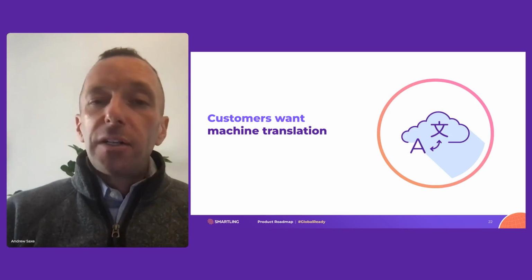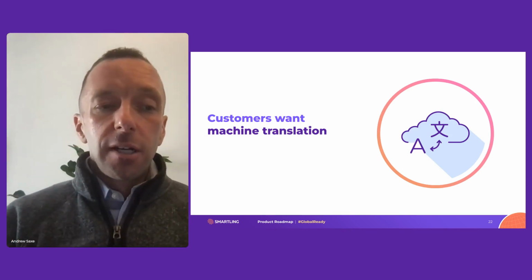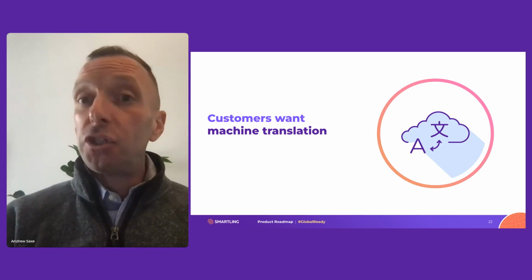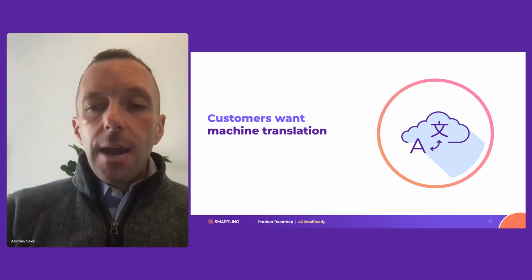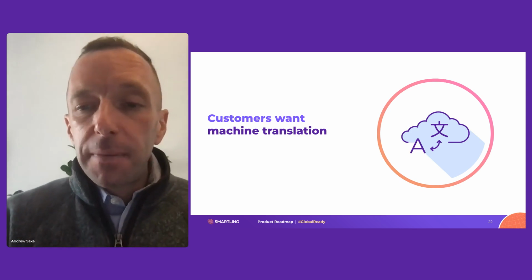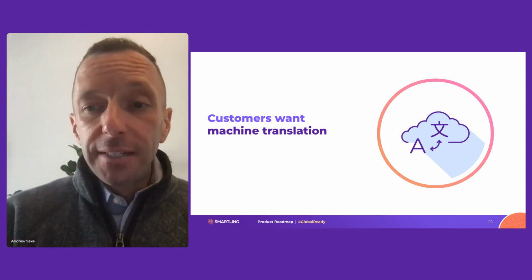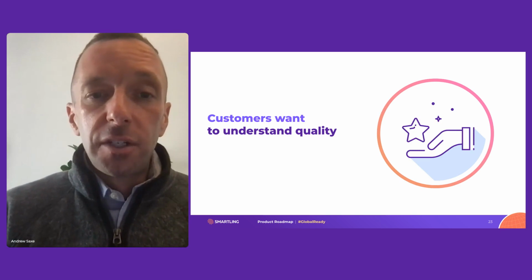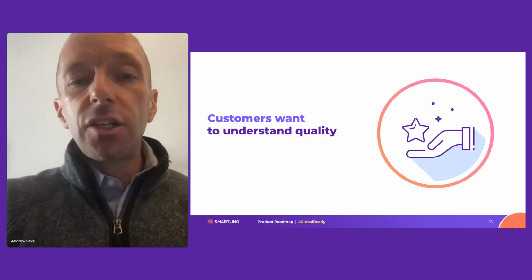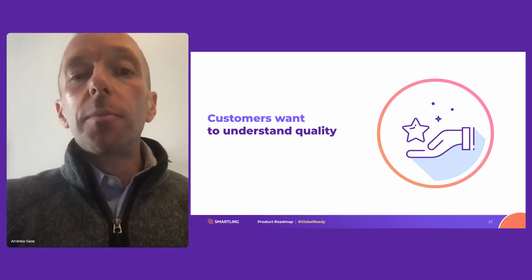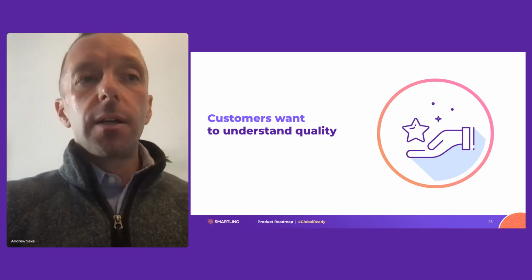And we were calling that kind of MT curious, where customers think they want it, they think they should want it, but they're not sure how to proceed. And of course, as just previously mentioned, with more content and more machine translation, customers also want to understand quality. So what are the tools and data and information that we can provide to help customers understand quality?